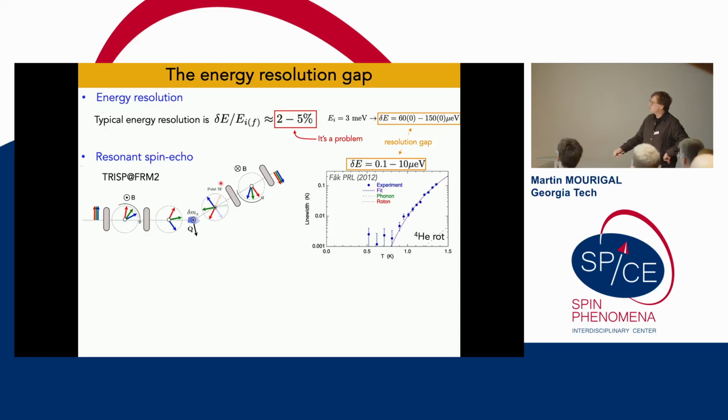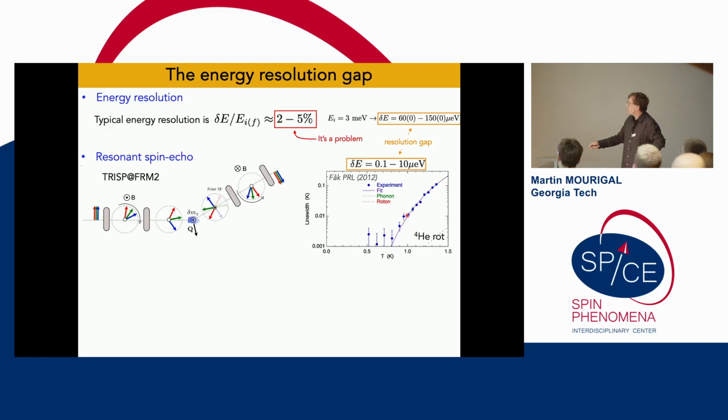And then if there is some energy transfer, some of the spins will go faster, some of the spins will go slower. In the second part of the spectrometer, you can recombine the signal, and you can change the field integral in that part of the spectrometer. Then you're going to have an echo at a particular field integral matching. The resolution you can get in this type of experiment is of the order of 0.1 to 10 micro eV.